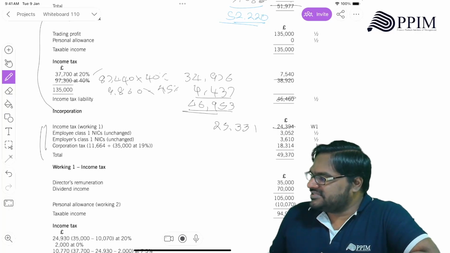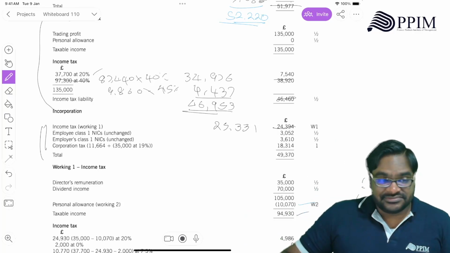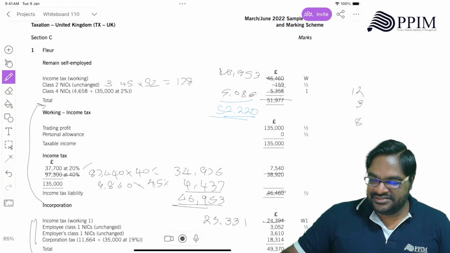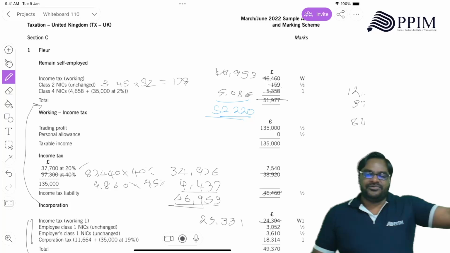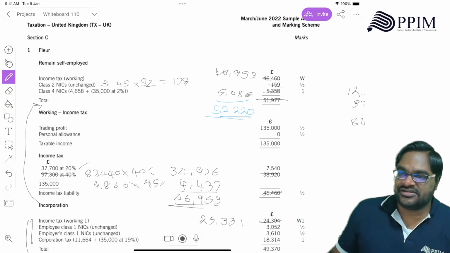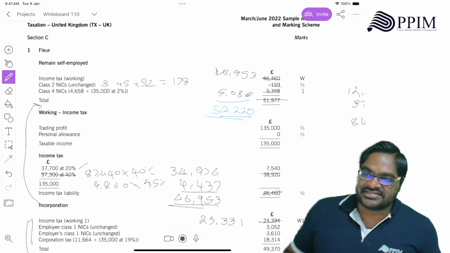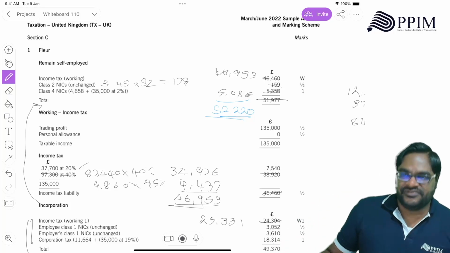How to conclude this question? Okay, so the conclusion is simple. Get the total tax liabilities. If she is self-employed, what is her total tax liability? If she is going to work through a company, how much is her total tax liability? And conclude whichever is lower is the best option for her.